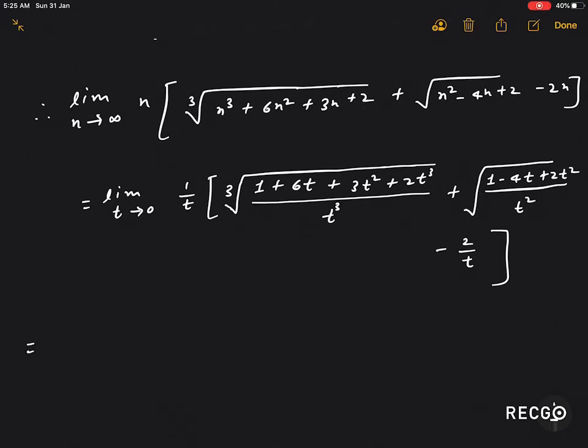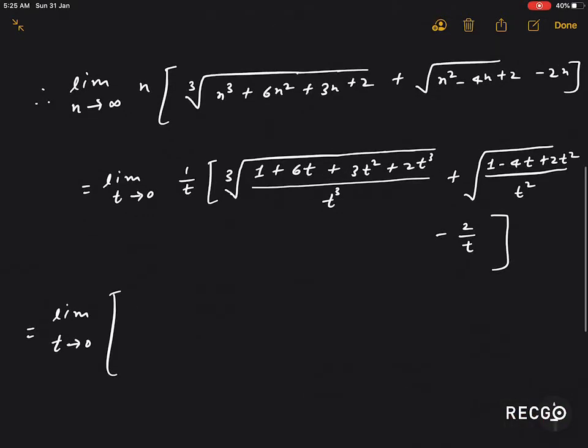And then if I further take the LCM and rearrange the terms, I get limit t tends to 0 of the cube root of, I'm writing it in the exponent form, 1 plus 2t cube plus 3t square plus 6t whole to the power 1 by 3.